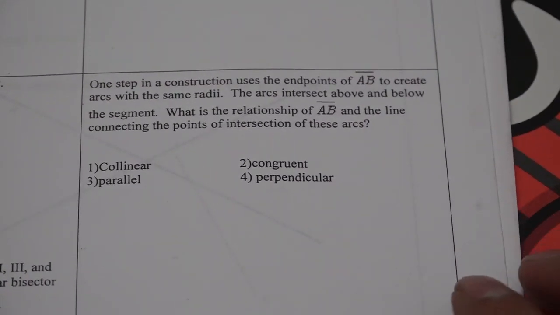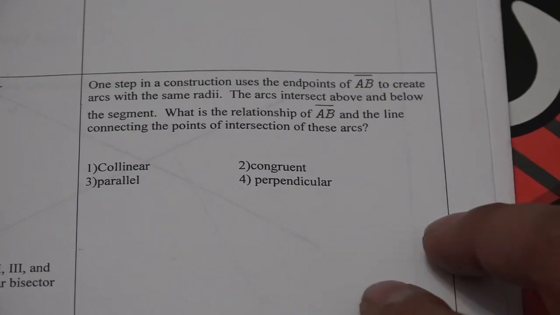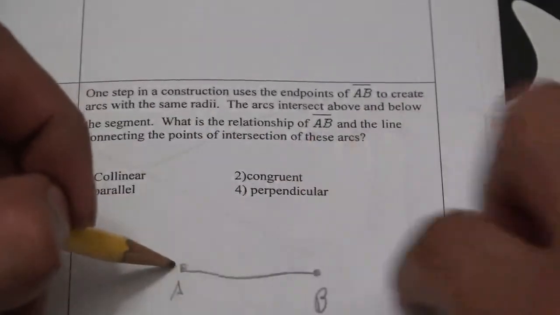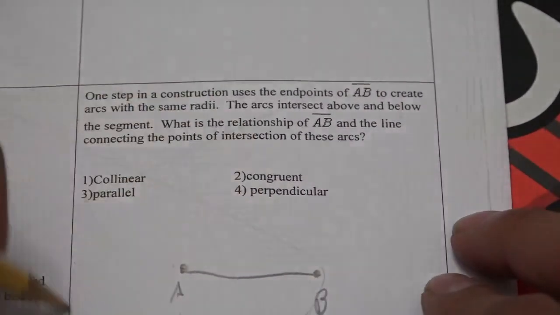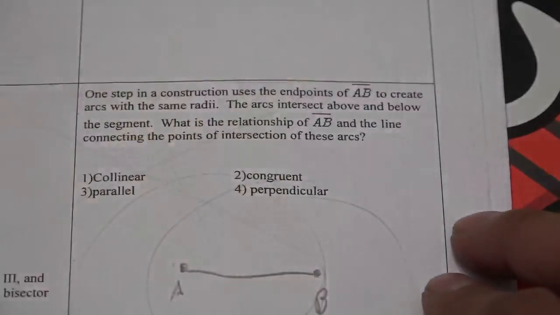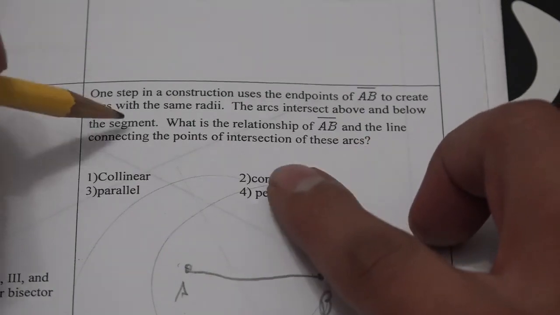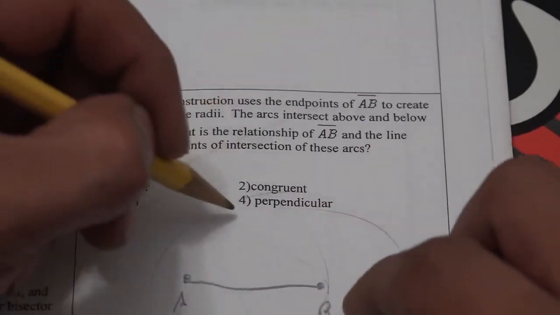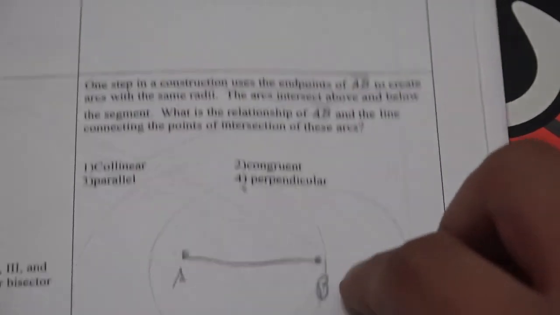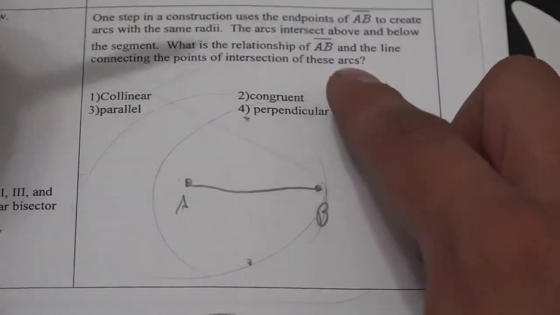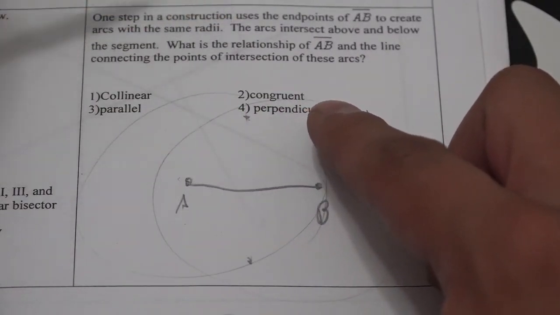Alright, one step in the construction uses the endpoints of AB to create arcs with the same radii. So I have A and B, okay? And this is the same radii, so you know that this is going to be like that, this is going to be like that, okay? Now the arcs intersect above and below the segment. What is the relationship between AB and the line connecting the points of intersection of these arcs?